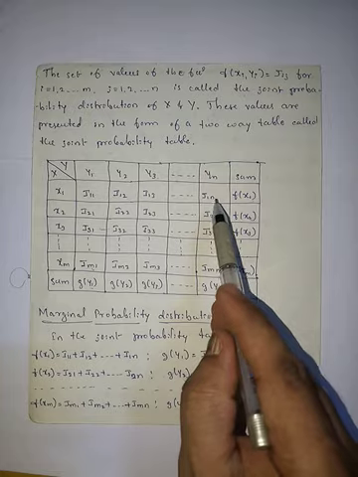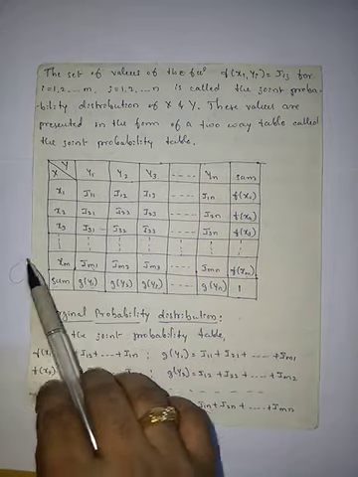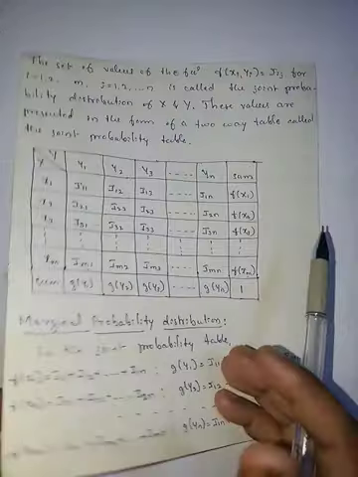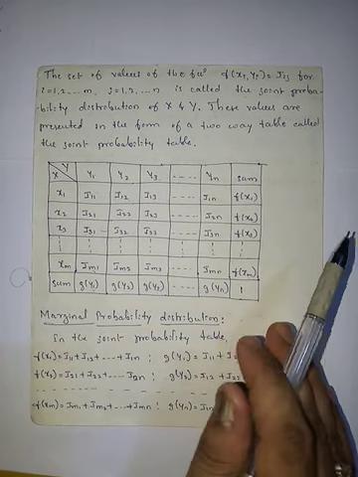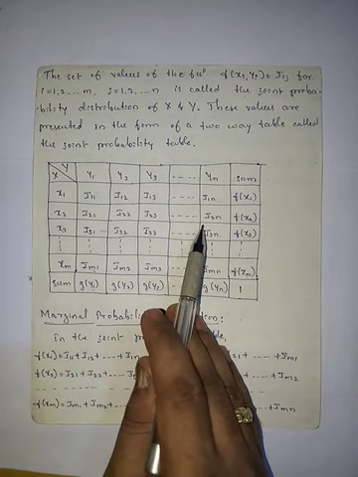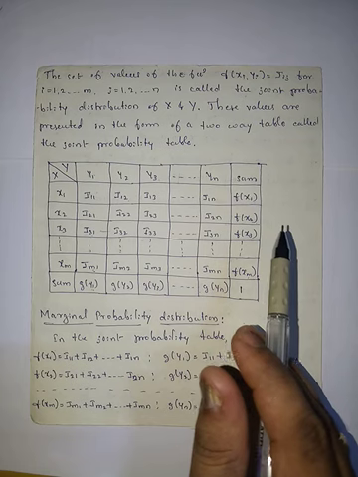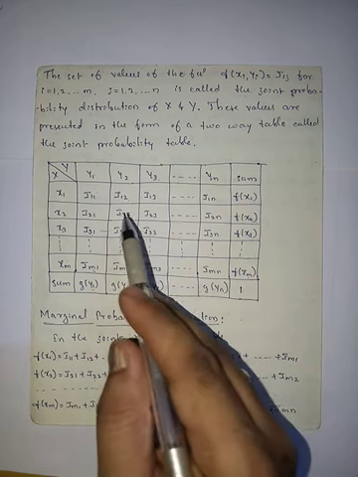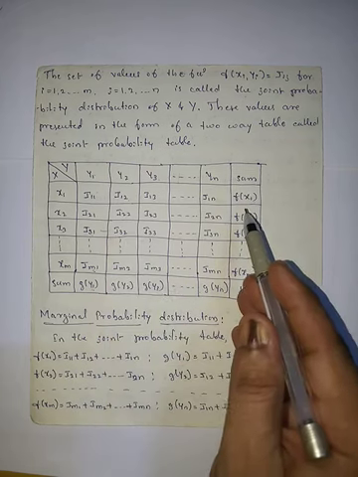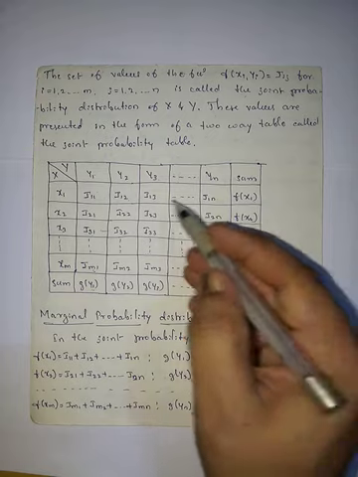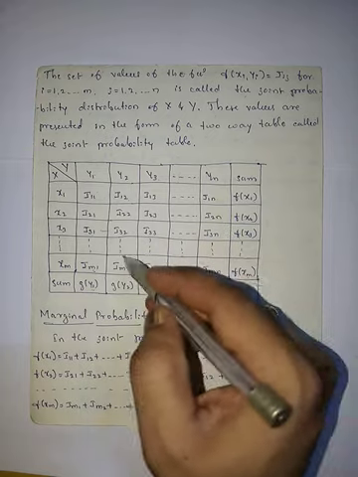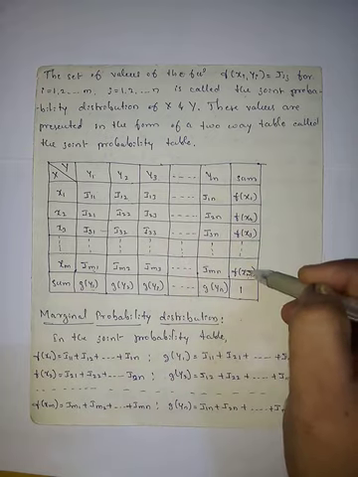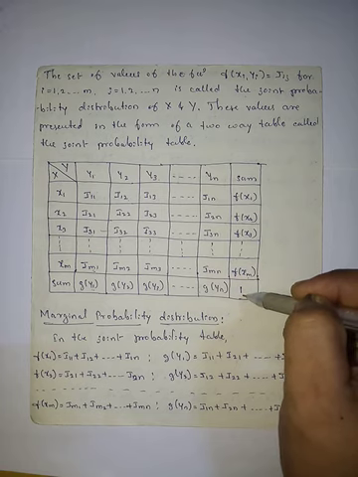Now, according to the conditions of the joint probability distribution, each probability must be greater than or equal to 0. The second condition is that the sum of all probabilities must be 1. When you take the row-wise sums and add them all, it must be 1.